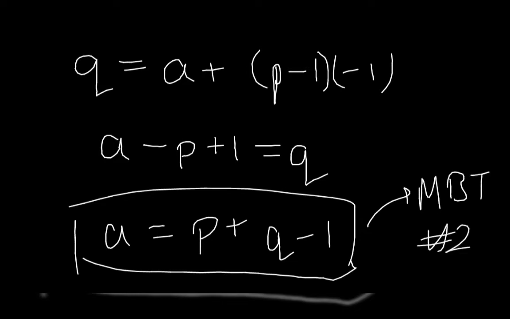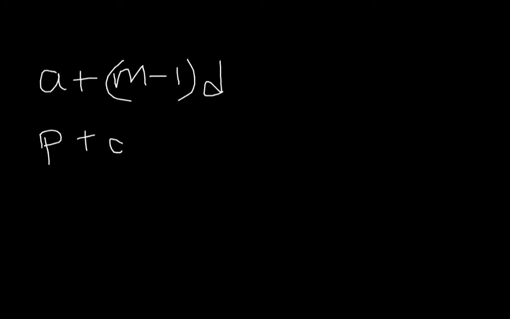Part 2. Now what I have to do is find the mth term. If you remember clearly, I have to find the mth term. This is my needed thing. So the mth term will be A plus (m minus 1) into D. What is A? P plus Q minus 1.